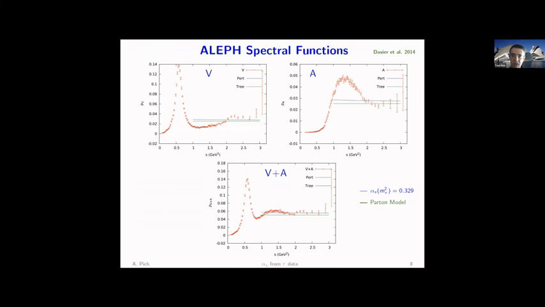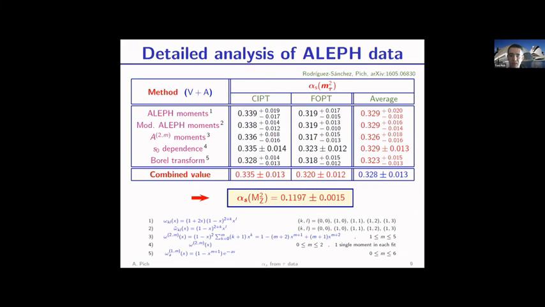So we decided to make a complementary analysis, doing a reanalysis of any possible method that had been used until then. So we extracted alpha S using the same RF procedure with these RF moments, the first line, with modified RF moments.